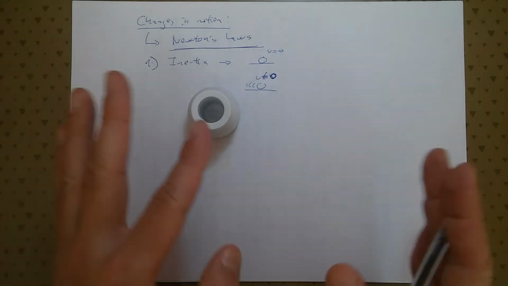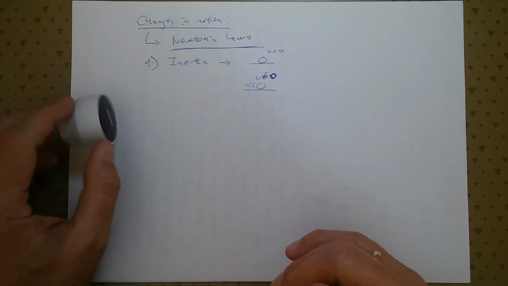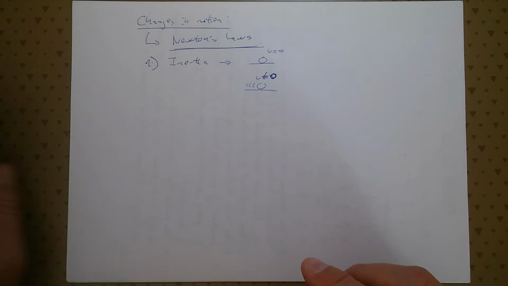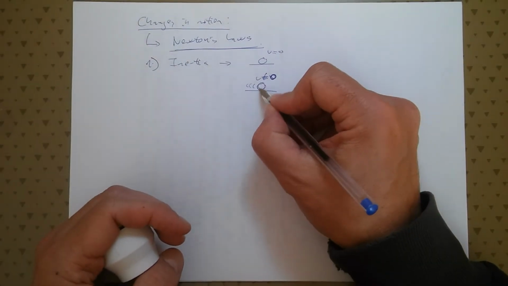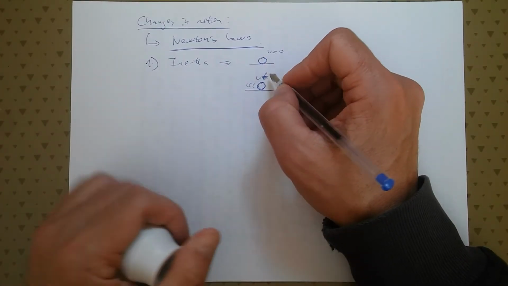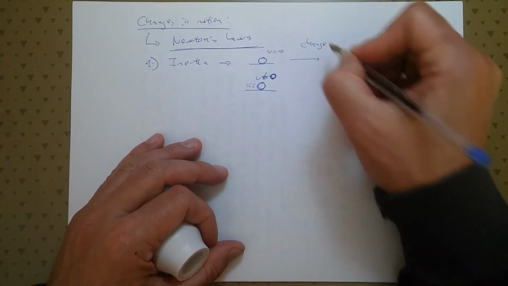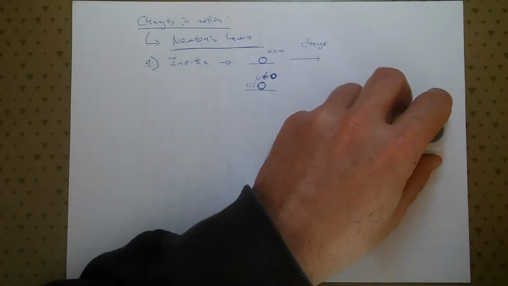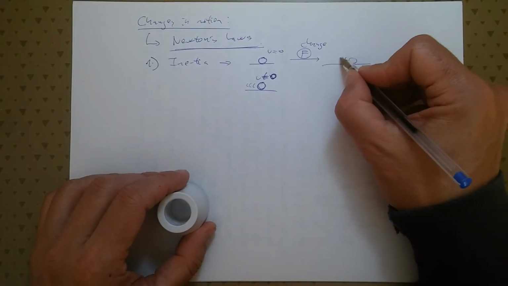So something at rest will remain at rest unless you apply some force, and if it's moving, it will keep moving unless you apply some force to stop it. So inertia tells me that objects in motion will tend to keep in motion, and objects that are stopped try to stay at rest. If I want to change this state, to accelerate something that is stopped, I want it to move, I have to apply a force, and then I get this object moving.